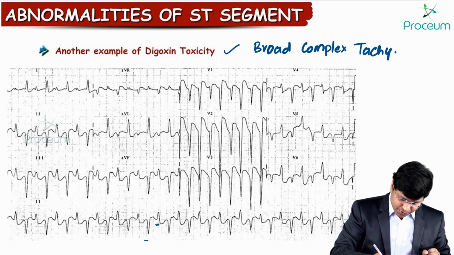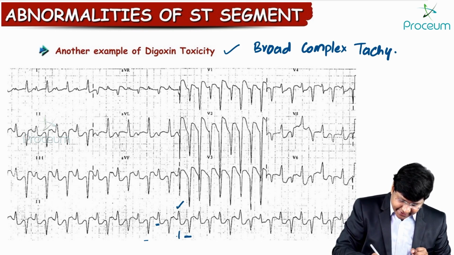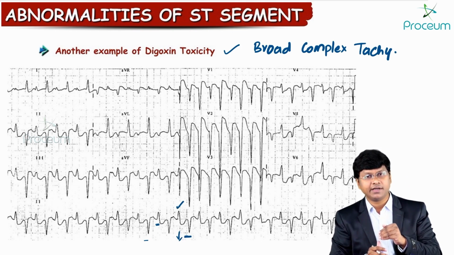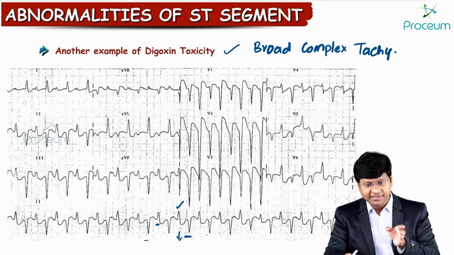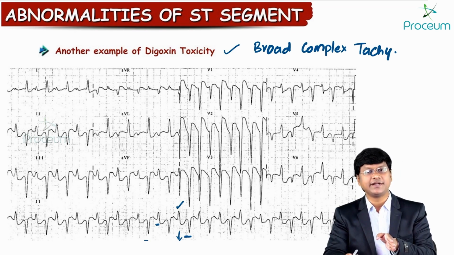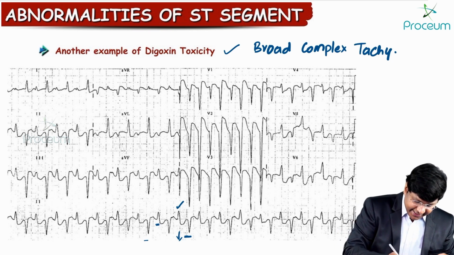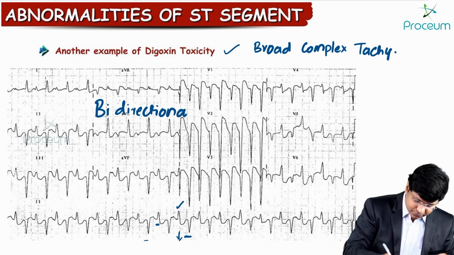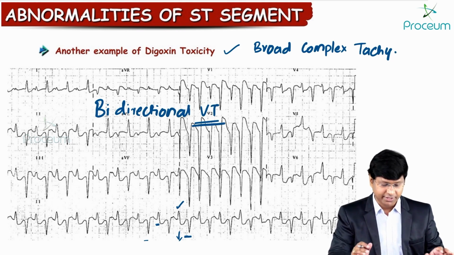You see this particular complex is positive, and the alternating complex is negative, and these positive and negative complexes alternate by 180 degrees with each successive beat. So I call this bidirectional VT.